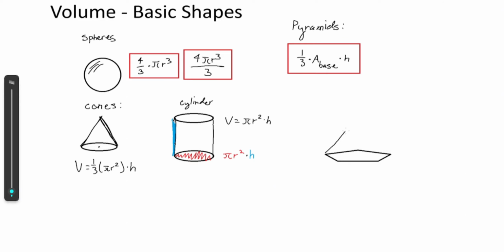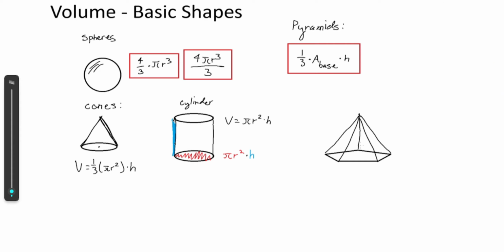We would have this triangular point, we would have a point here, a point here, a point here, and a point here. So this would be our pentagonal pyramid.